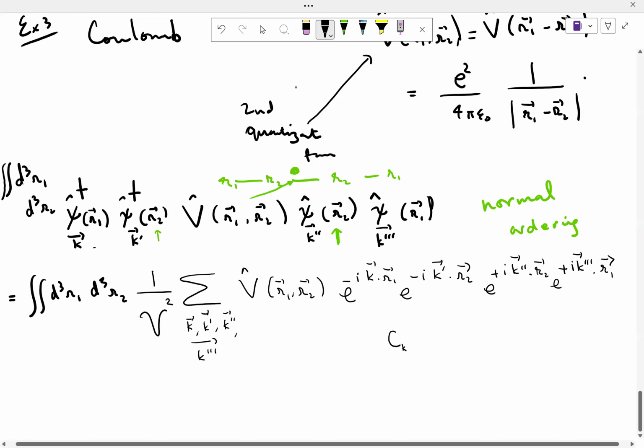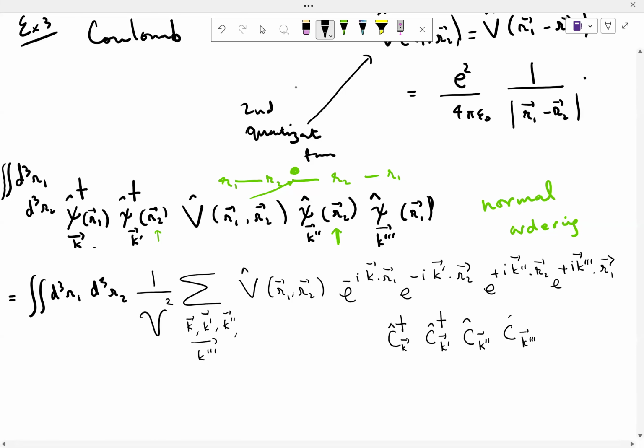So c k dagger, c k prime dagger, c k double prime, c k triple prime. Okay. So this is all looking good.